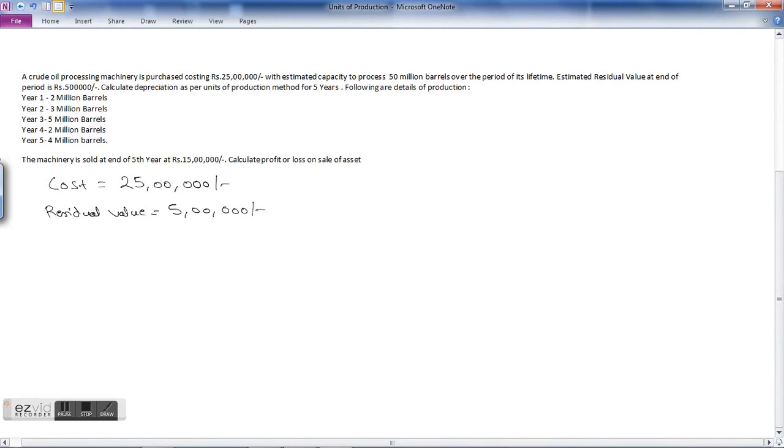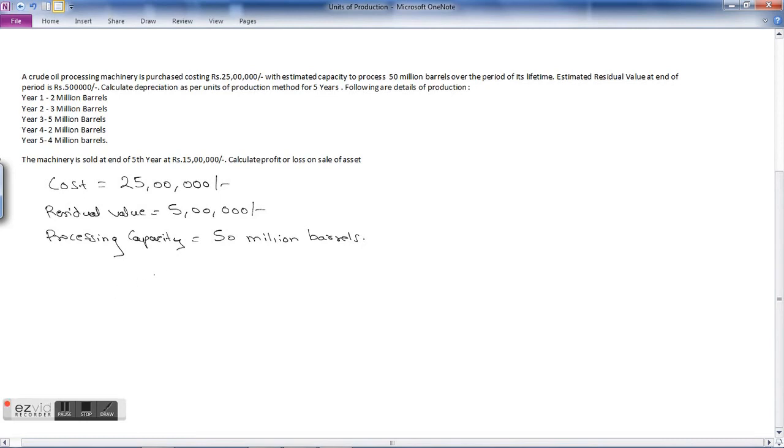Now what is the production capacity? Processing capacity we can say, 50 million barrels. Okay, now for 50 million barrels, let's calculate the proportionate depreciation for 1 million barrel, and accordingly we'll calculate depreciation for each year.